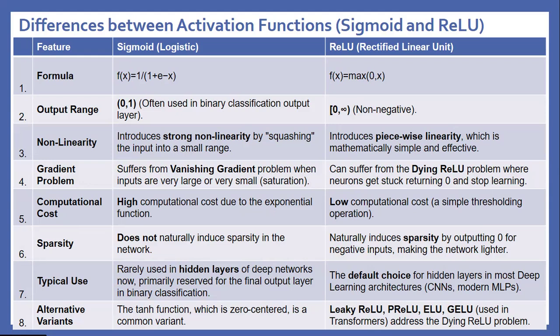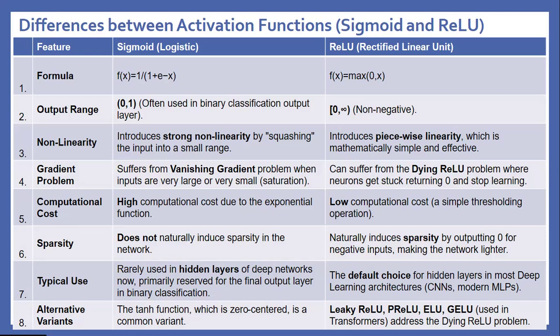Gradient problem: sigmoid suffers from the vanishing gradient problem when inputs are very large or very small. Saturation: ReLU can suffer from the dying ReLU problem, where the neurons get stuck, return zero, and stop learning.